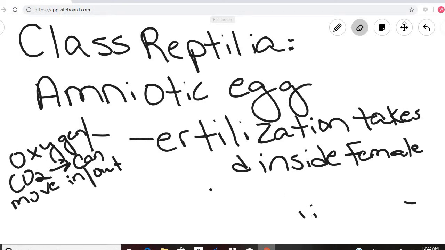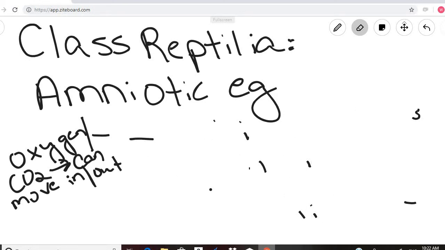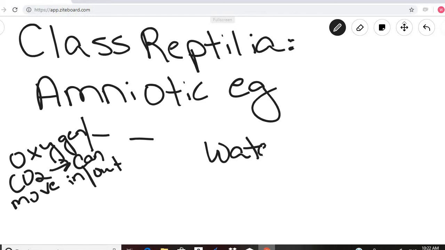Oxygen and carbon dioxide are able to move through very small openings called pores. Water cannot, so it allows the egg to be waterproof.